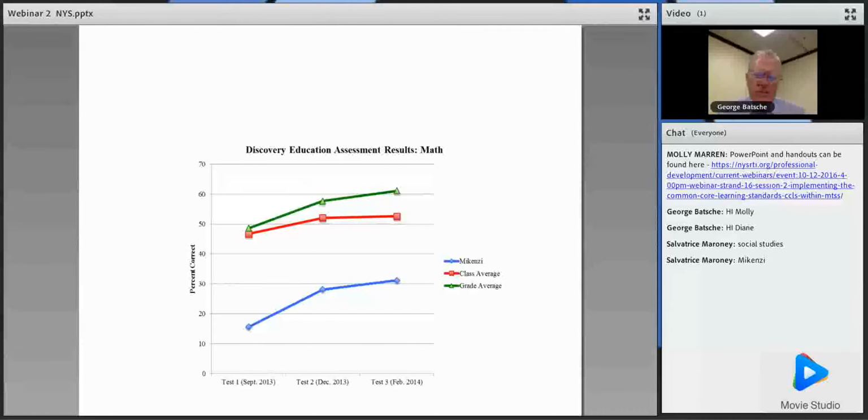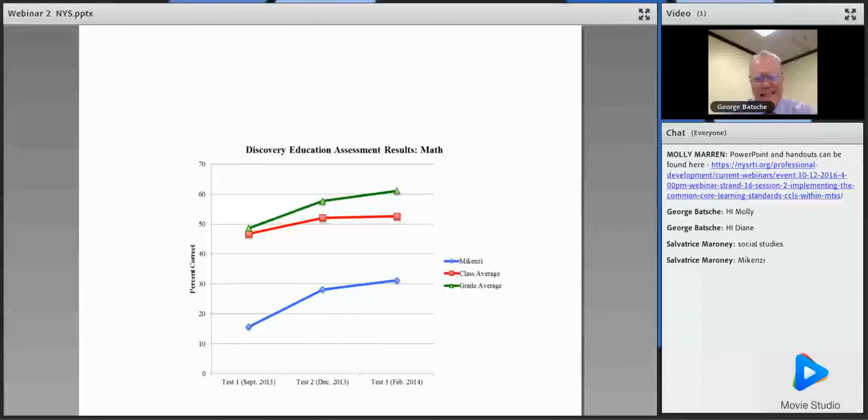Now, an aside that I want to mention here is that if you look at the line between the second and the third data point, you will see that Mackenzie's line tends to flatten. If we were only taking data with Mackenzie, we would think that the instruction became less effective for Mackenzie.